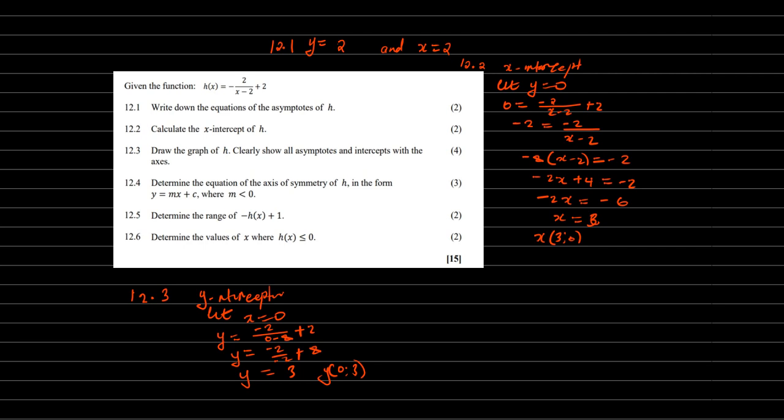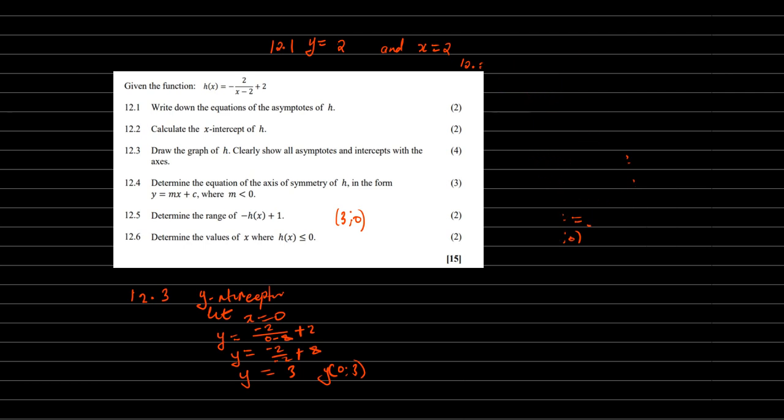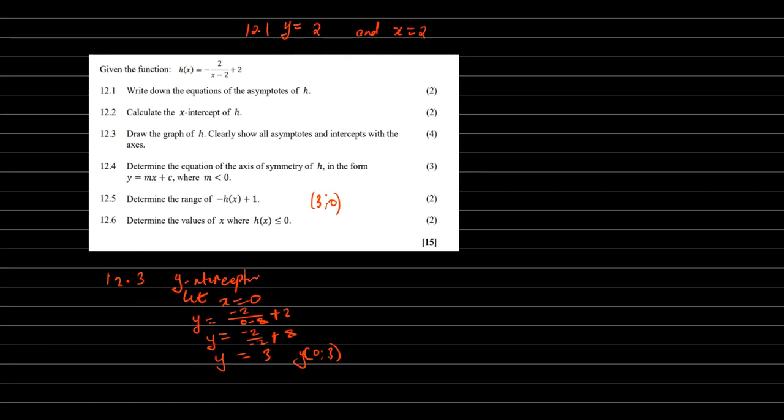So now we have to go on and draw the graph. To draw the graph, let's take note of the x-intercept that we had. We had 3 and 0. So we are going to erase this part here. Then we bring in the Cartesian plane. This is the Cartesian plane that we'll be utilizing throughout this question.